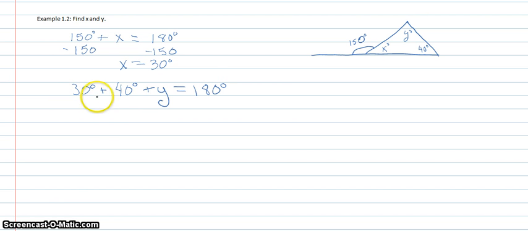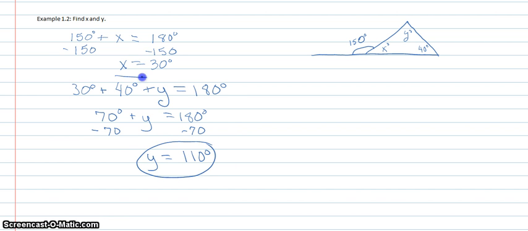When I first add my 30 and 40 together, I get 70 degrees plus y equals 180. Then I'll subtract 70 from both sides to find out what my y is. So y equals 110 degrees. So I found my missing angles.